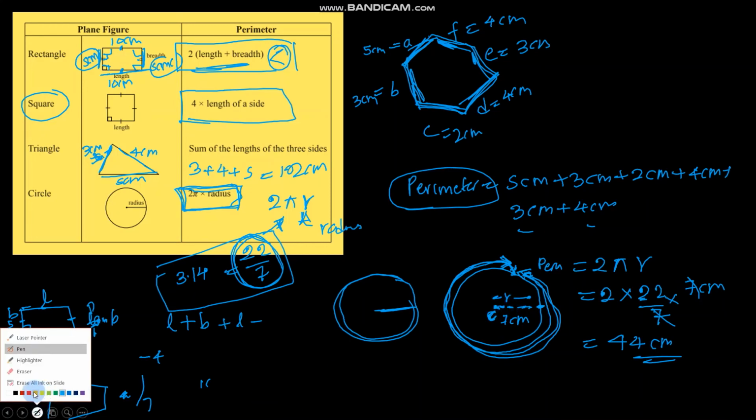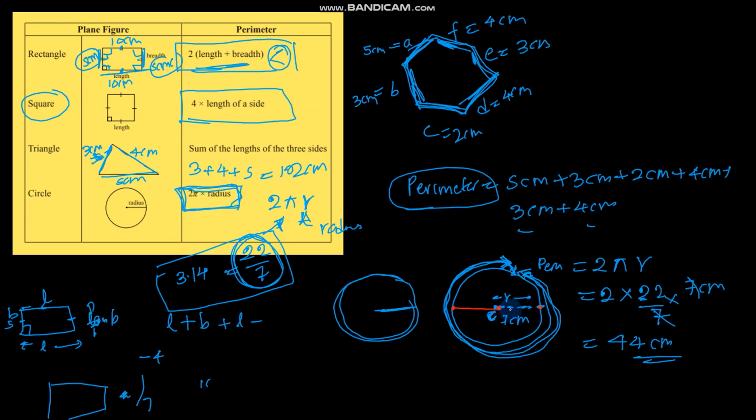So what if you are given the diameter, right? Diameter is from one point to the other point, but the line goes through the center. So if the diameter is, let's say, 14 centimeters, how are you going to substitute into this formula?